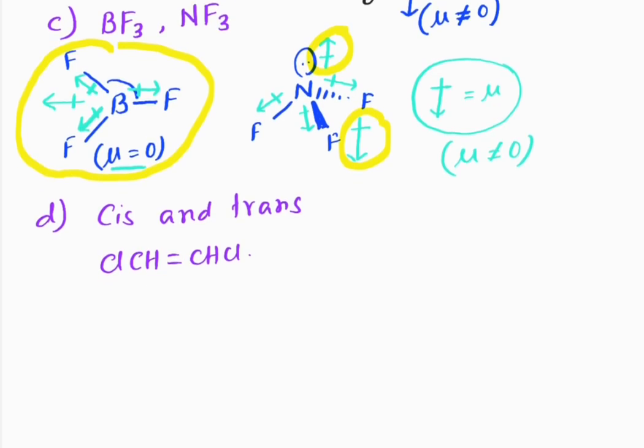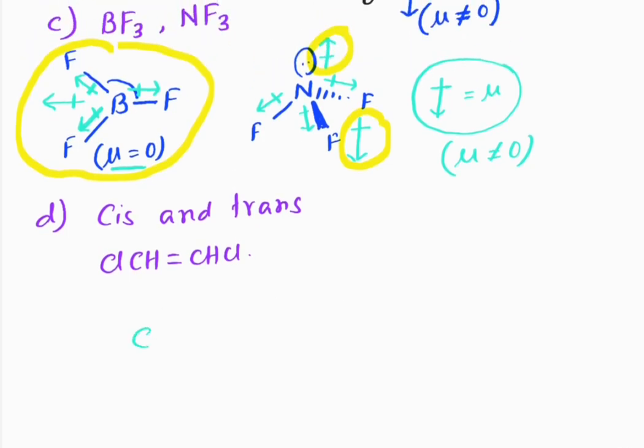Now next is the cis and trans form of this compound, 1,2-dichloroethylene. First we will draw the cis form.